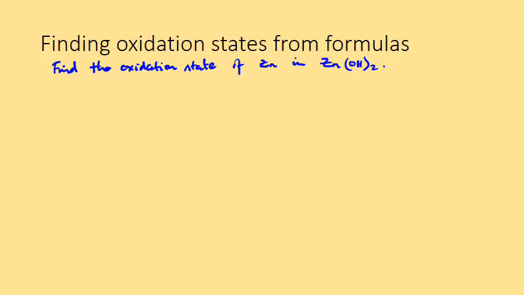And so it's okay. We're just going to follow the same rules that we've been through already, and then we'll be fine. So the first thing to notice is that this is a neutral compound. So the overall oxidation state is 0.